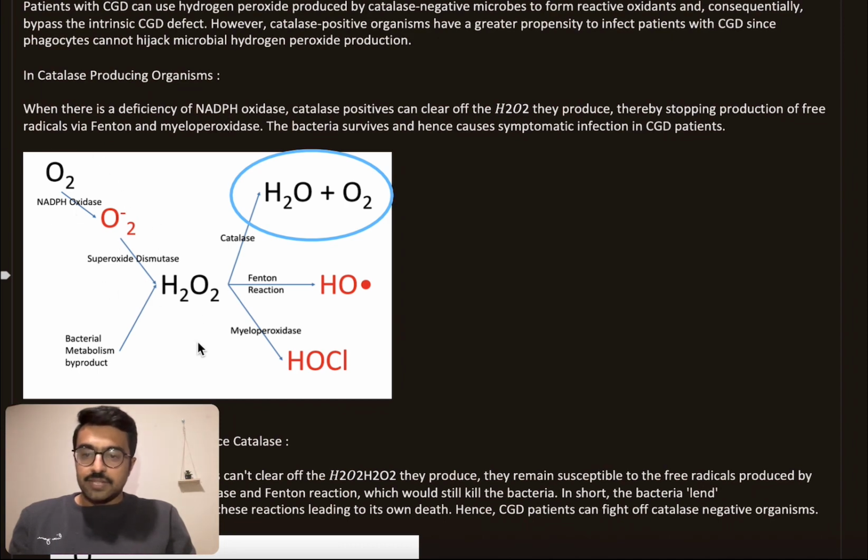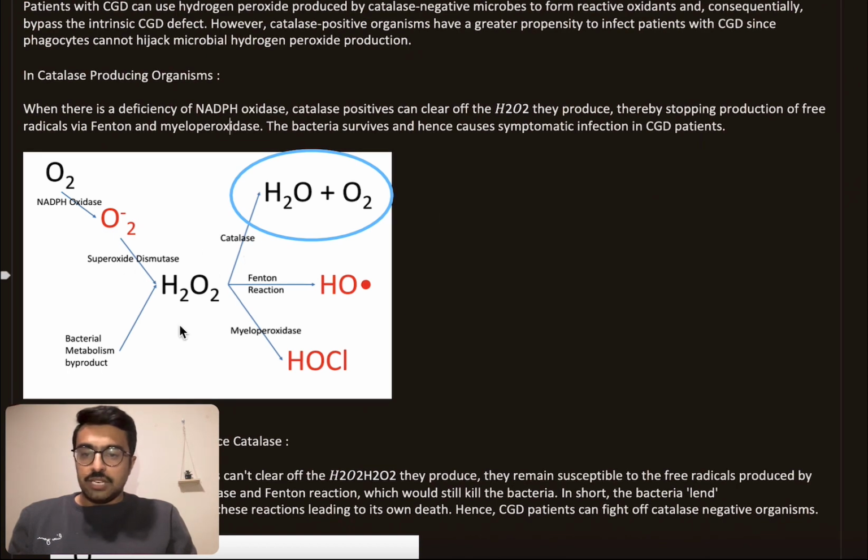So the minimal H2O2 that is produced as a byproduct of the bacteria itself is neutralized by catalase, converting into water and oxygen, because of which the bacteria survive, and the bacteria can cause symptomatic infection in CGD patients.